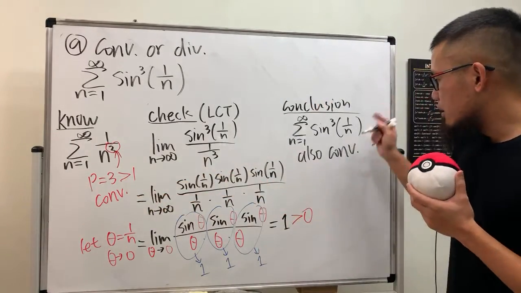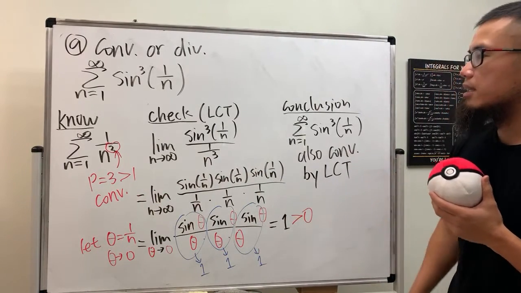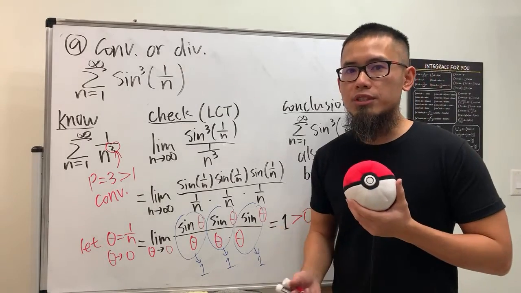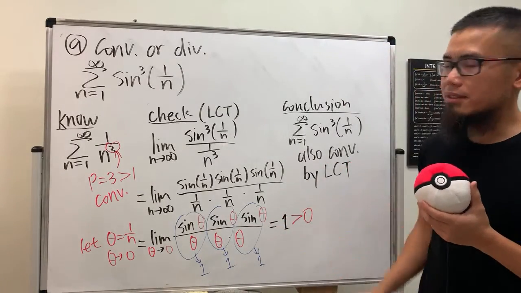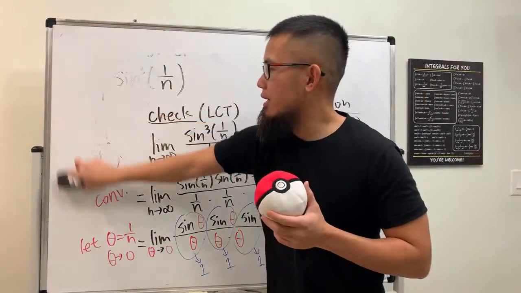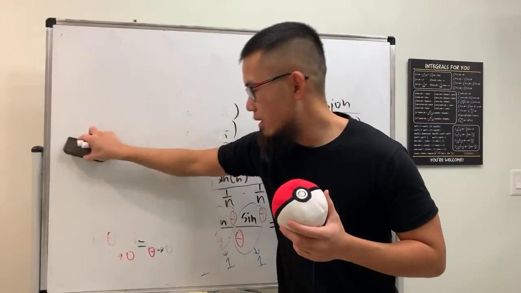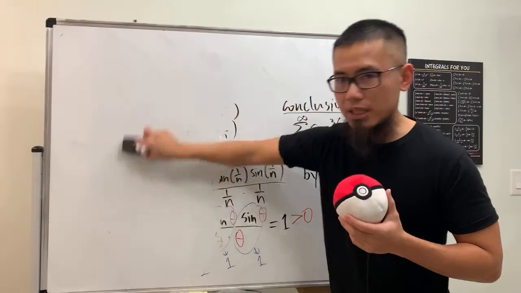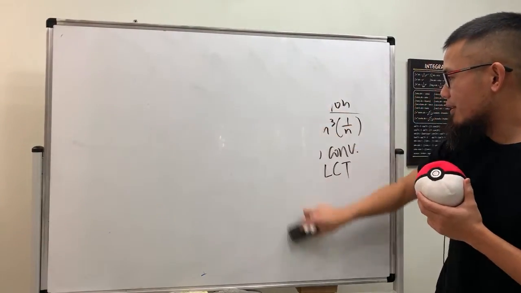So here are the 3 steps on how you do the limit comparison test. This is number 9. If you have done this question from the homework, or a similar question, this one is not so bad. I even review it with you guys before the test.